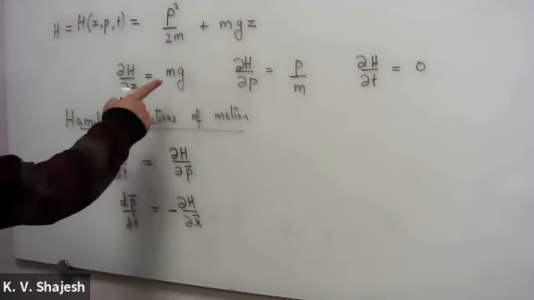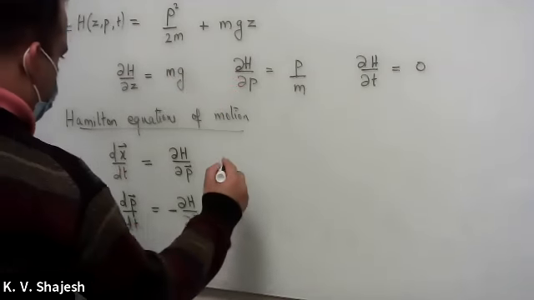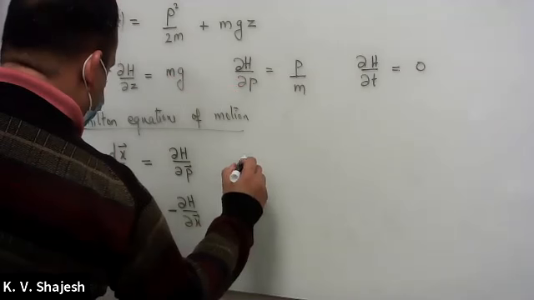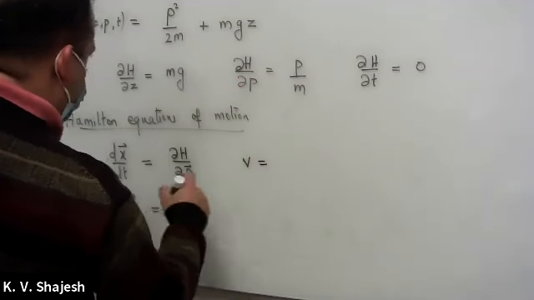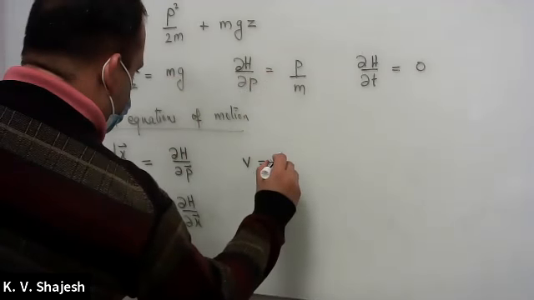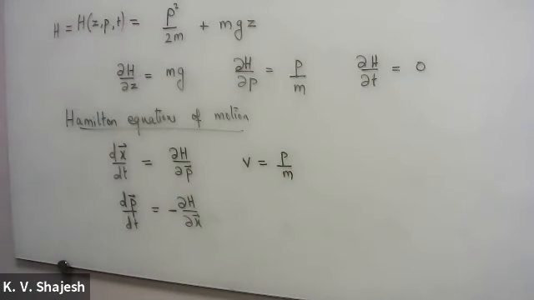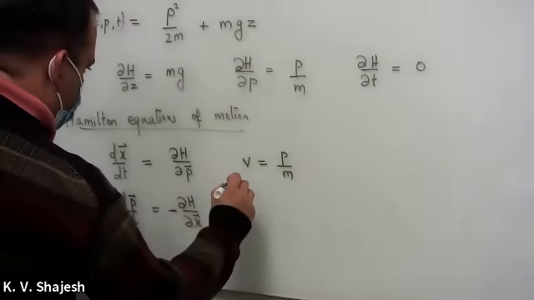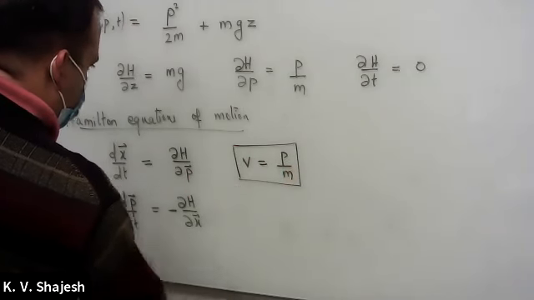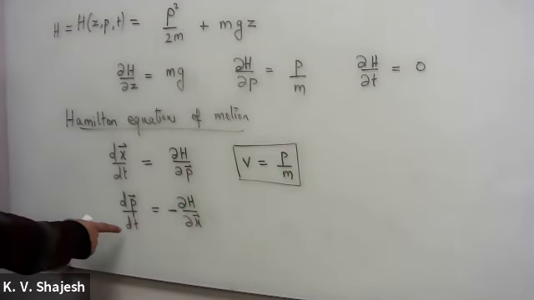Notice in our case, what we have is dx by dt, that's your velocity. So what we are saying is that velocity is equal to the partial derivative of h with respect to p, so that's p over m. Of course, we have p equal to mv. So that's one equation of motion, the definition of velocity. And the second one is the force equation, right?